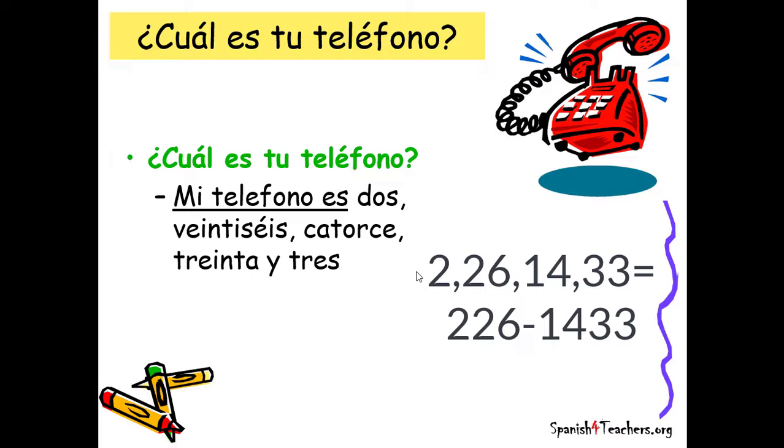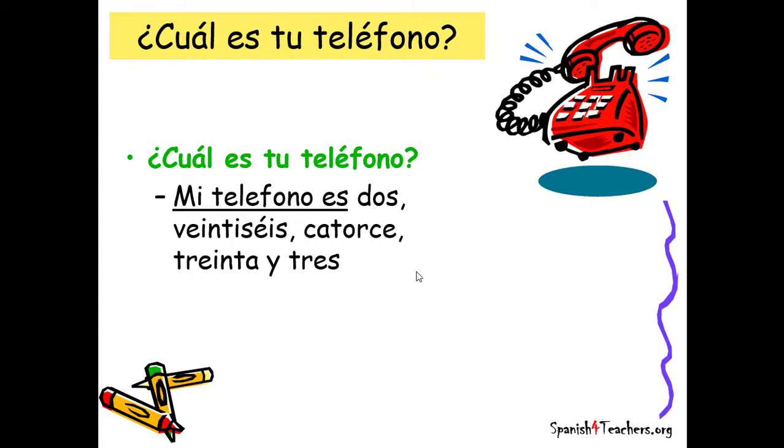But frankly, if your number were the same number, you could just as easily say, mi teléfono es 2, 26, 14, 33. Either one is fine. So, ¿cuál es tu número de teléfono? The response, mi teléfono es, and then your number. Super easy. You actually have these in your vocabulary list.